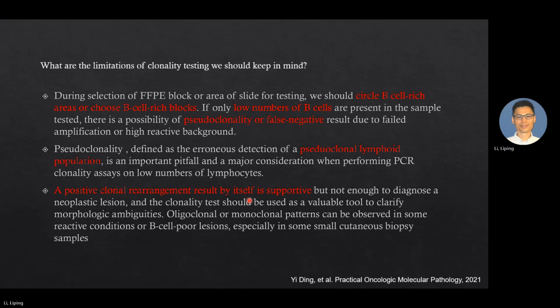Our B cells want to mature into plasma cells and produce antibodies to attack bacteria. Maybe they find just one clone that makes really effective antibodies, so sometimes even in reactive conditions we will have a positive clonality test.